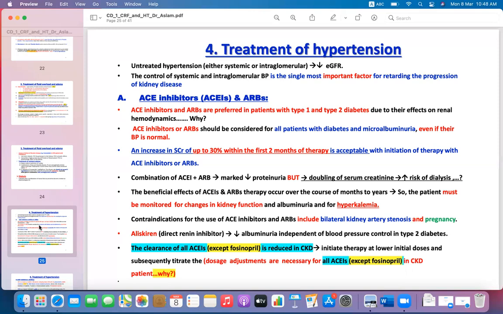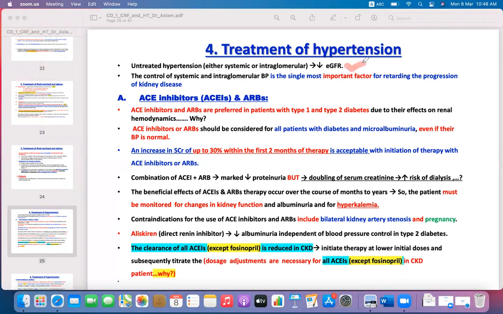Why do we need to treat hypertension? If untreated, it may lead to a decrease in the eGFR.